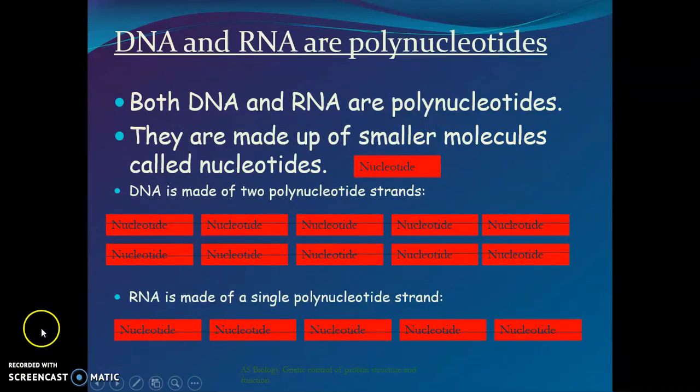In case of DNA, it's made up of two strands of polynucleotide. So you can see here, this is one strand and this is the second strand. But in case of RNA, it's only one strand of polynucleotide.